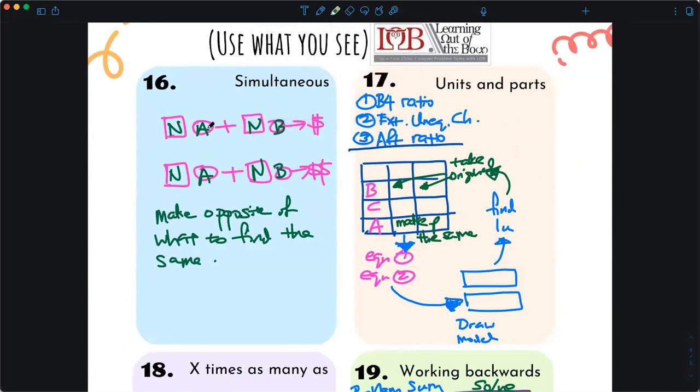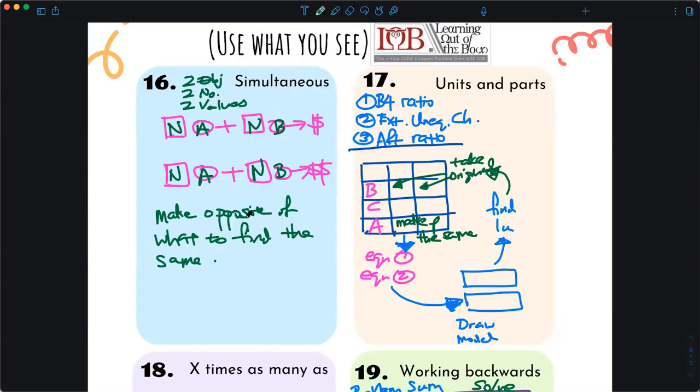So the numbers are different: 2 objects, 2 numbers, and 2 different values. This is the value, the two values.